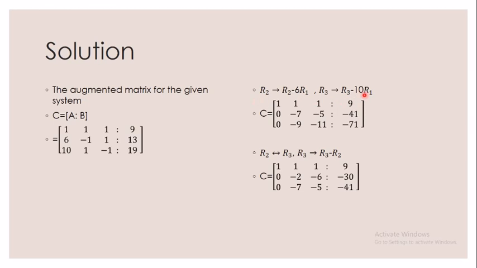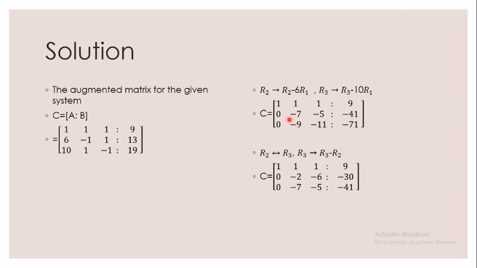For applying these two operations, I made the two elements over here 0, but that is not enough. Now I'm going to interchange this R2 and R3. So here in this step our R3 is 0, -9, -11 and -71, and here it is 0, -7, -5, and -41.